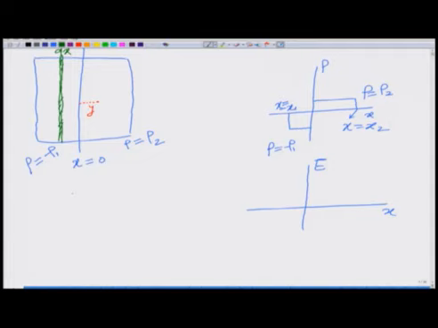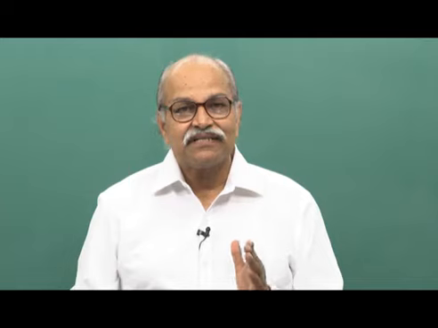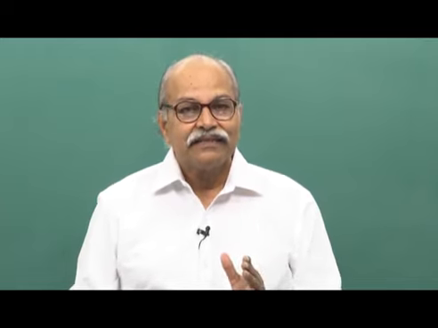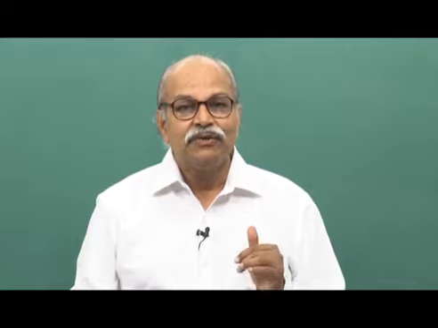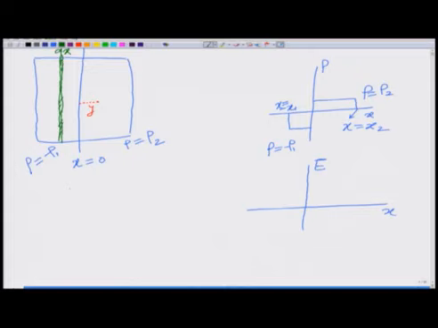Now, this layer you can treat as a surface charge layer because the thickness is small. The surface charge density, that means charge per unit area of the layer, will be rho times dx.